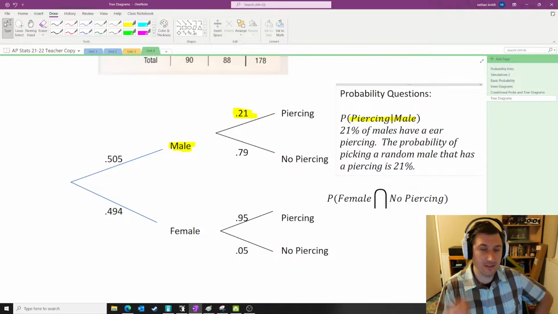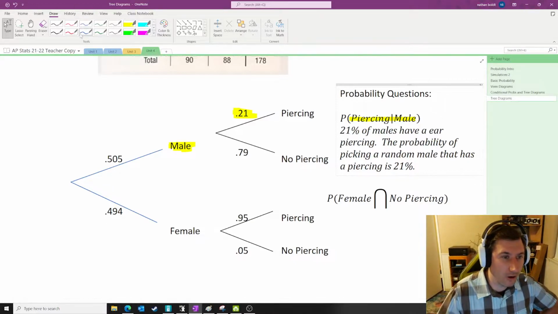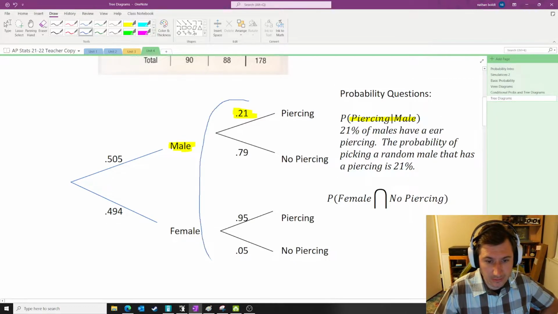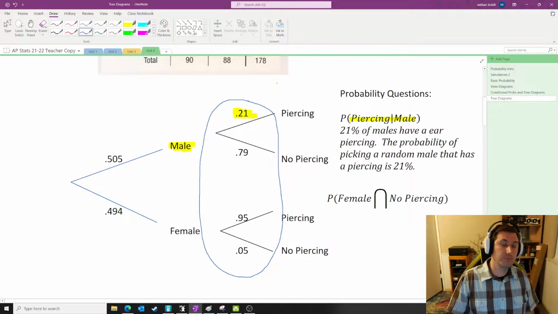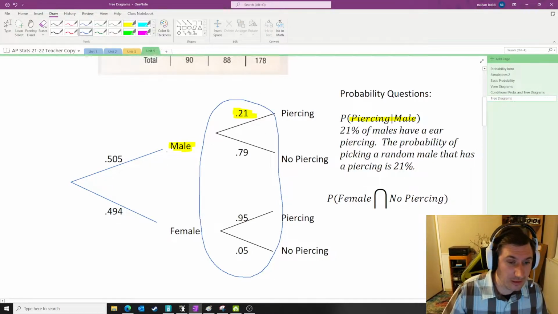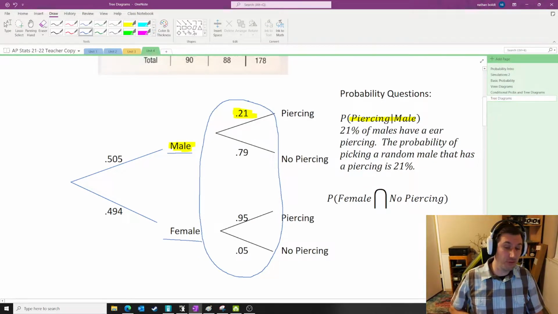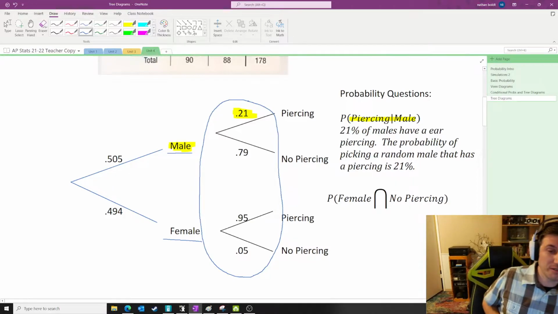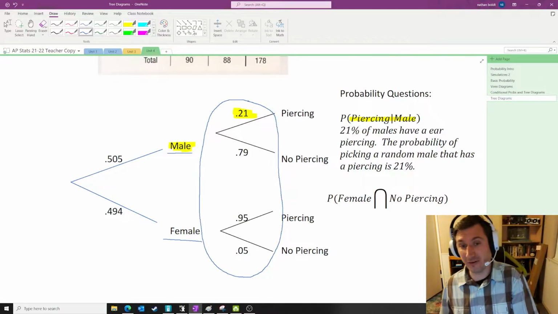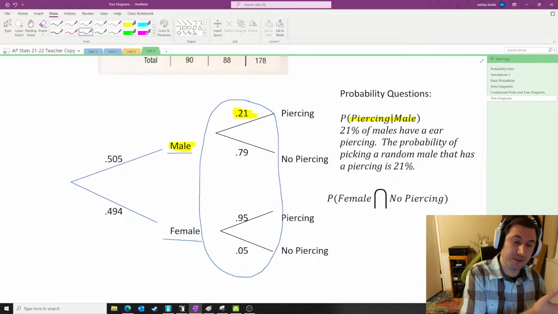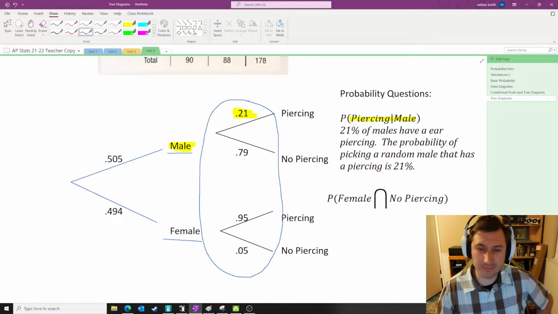That's your given, that is your conditional. So all of these here are the conditional probabilities given a certain gender. Now, we're missing the other half, the other way you could ask that question. What is the probability of being male given you have a piercing? We'll get there. We'll get there.